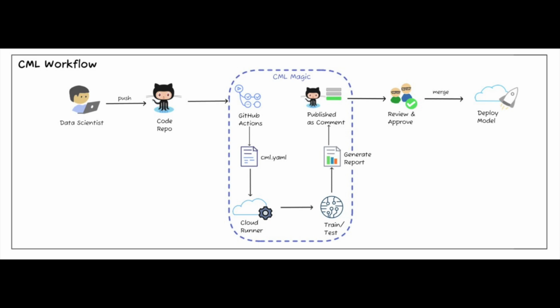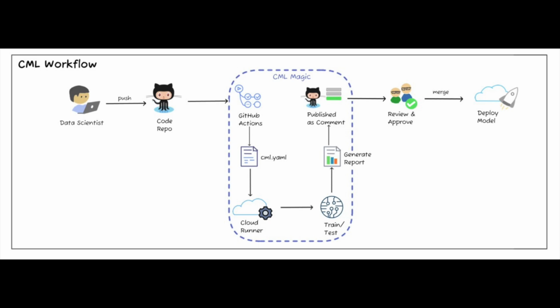So when combined, GitHub Actions and CML provide a robust framework for managing machine learning projects. By automating the training and evaluation process, teams can ensure consistent results and rapid iterations on their models. The integration of CML within GitHub Actions allows for seamless reporting and collaboration, making it easier to share insights and results with team members or stakeholders.